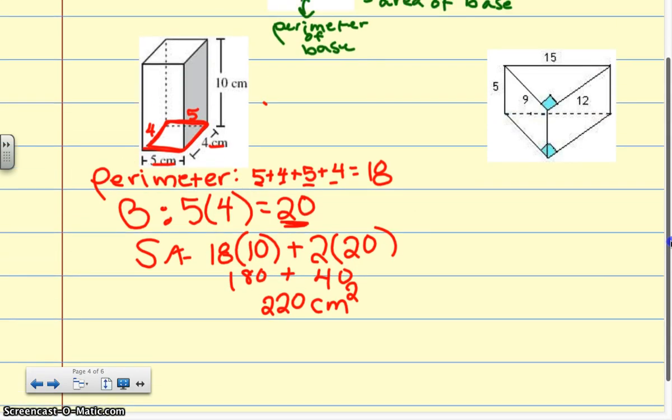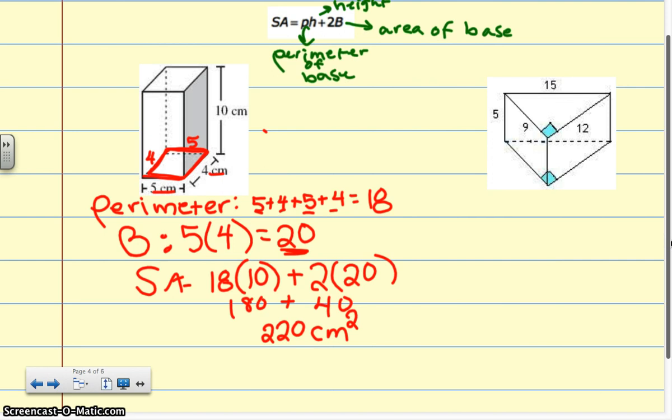All right, we're going to do another example. This is a triangular prism. So again, when I break this up, I want to use this formula up here. Surface area is equal to the perimeter of my base times my height plus 2 times the area of one of my bases.